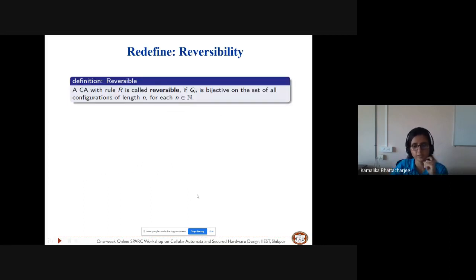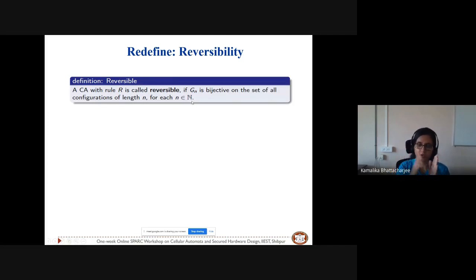So for the need of the finite CA, we have to define reversibility again. So we call a CA with a specific rule R, now this is defined with R, not G, reversible if Gn, that is the global transition function defined over n, is bijective on the set of all configurations of length n for each n belonging to the set of naturals.